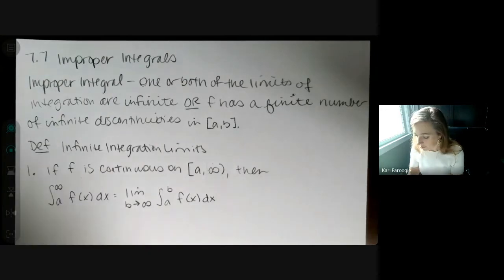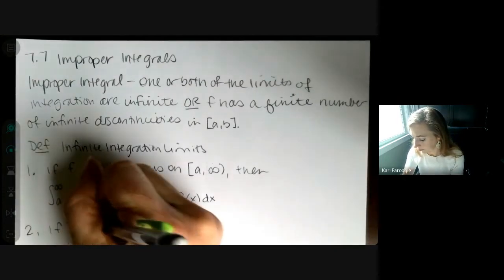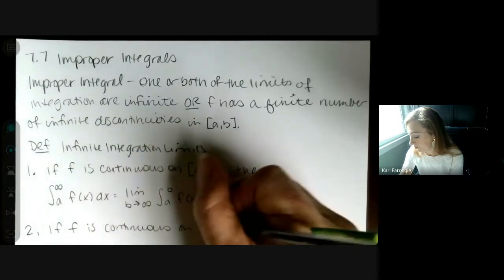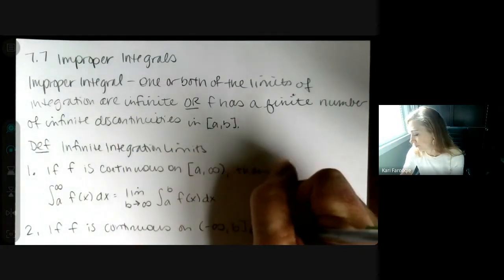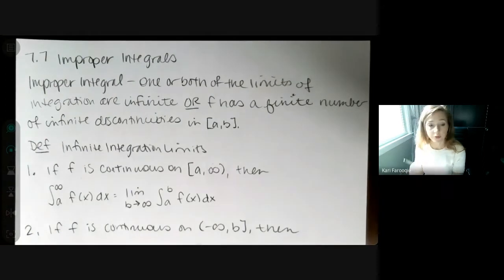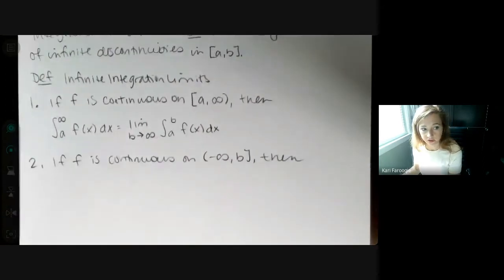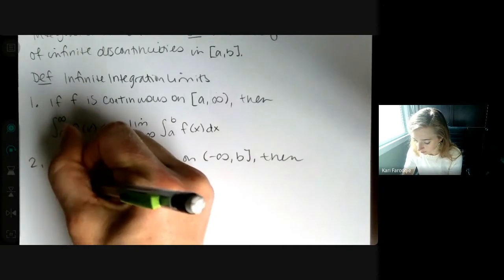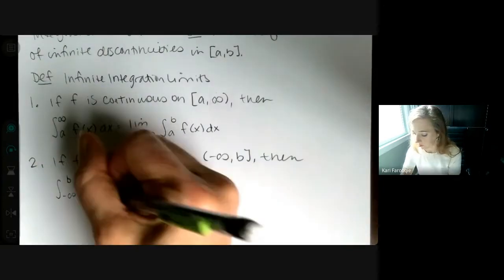All right, the other option is if f is continuous from negative infinity up to b. Then we're looking at something similar. We're talking about the integral from negative infinity to b of f of x dx.